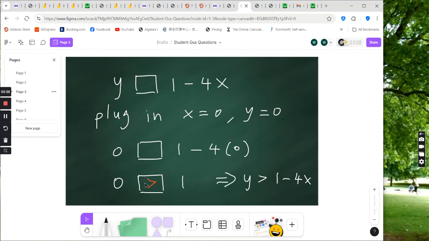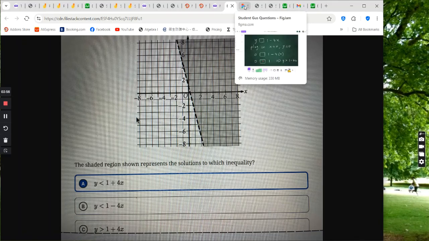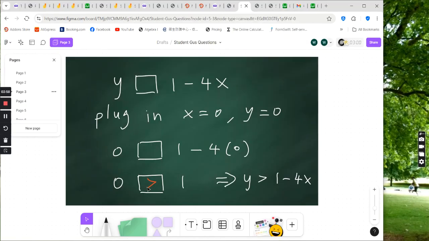And therefore we need the direction of the inequality to be 0 greater than 1, because that is not true. The shaded region does not include this point. And that's how we determine the direction of the inequality.